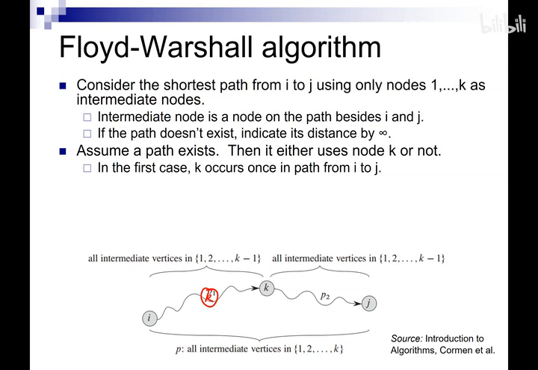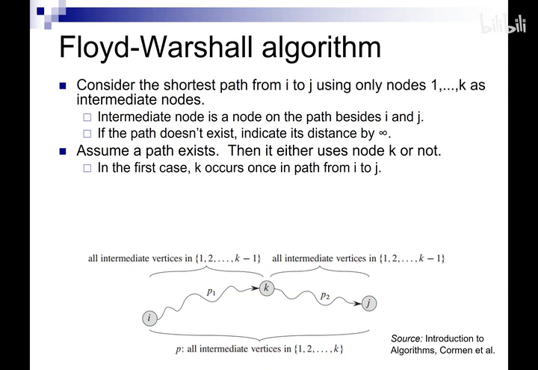Since we assume that overall you have a shortest path, if you have a cycle here with positive length, you can just cut out that cycle and you'll get an even shorter path that still goes from I to J. But that's a contradiction because we're assuming we already have the shortest path from I to J using only these intermediate nodes. So that means that you cannot have another intermediate copy of K.